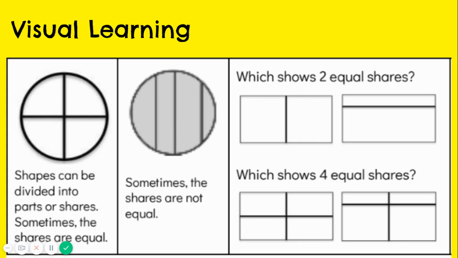Now let's look at this example. Which shows two equal shares? Look at the rectangles. We have two rectangles that have been divided, or partitioned, into two parts or two shares. Which rectangle shows two equal shares? I'll give you a few seconds.